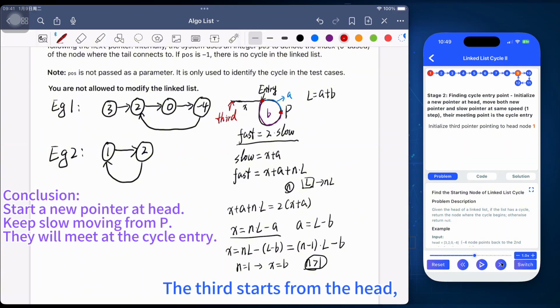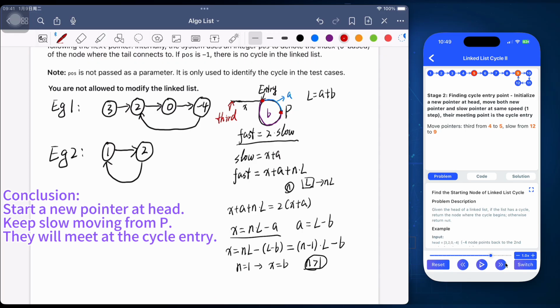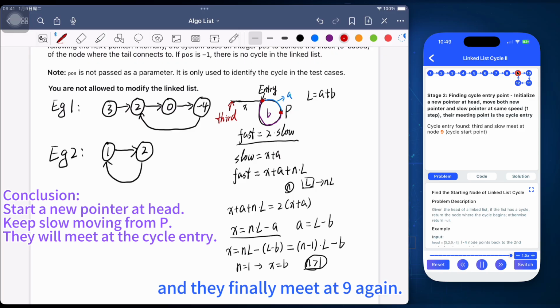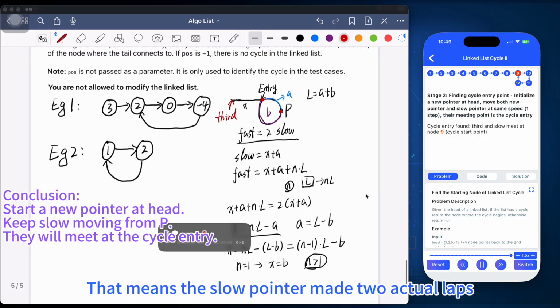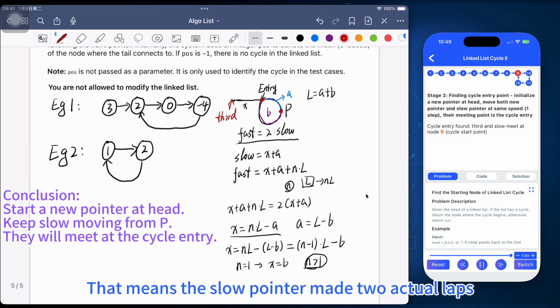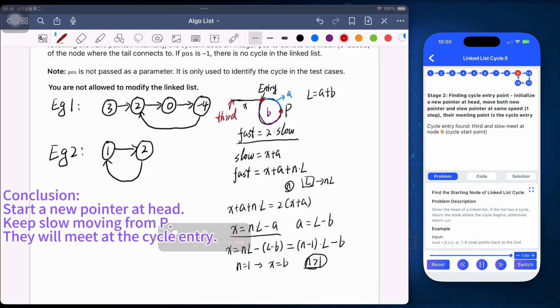The third starts from the head and the slow pointer continues from the 9 point. And continue moving. We can see the slow pointer moves 1 lap and 2 laps, and they finally meet at 9 again. Here, n equals 2. That means the slow pointer made 2 actual laps around the circle before meeting third.